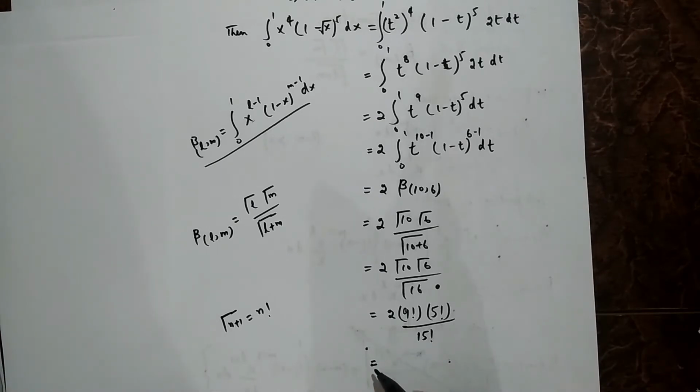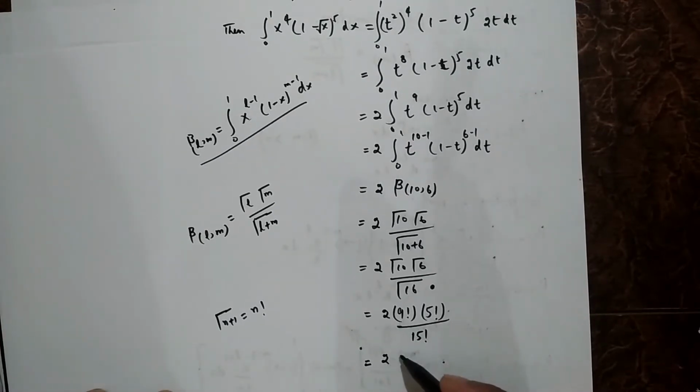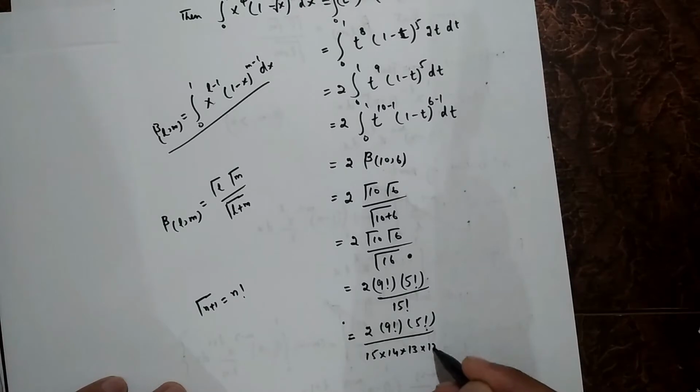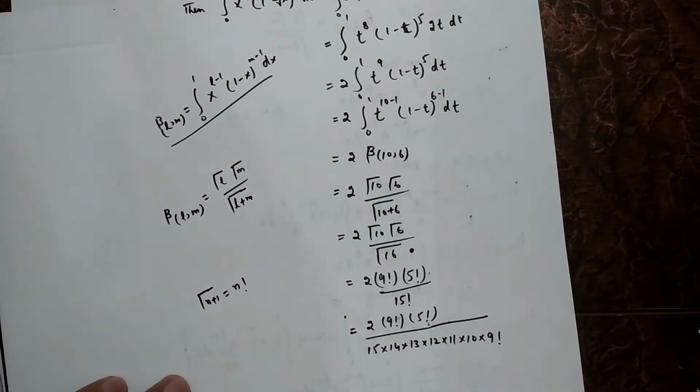So further this can be written as 2 times 9 factorial 5 factorial divided by, if I expand this factorial up to 10, that is 15 times 14 times 13 times 12 times 11 times 10, and similarly the rest we can write as 9 factorial.